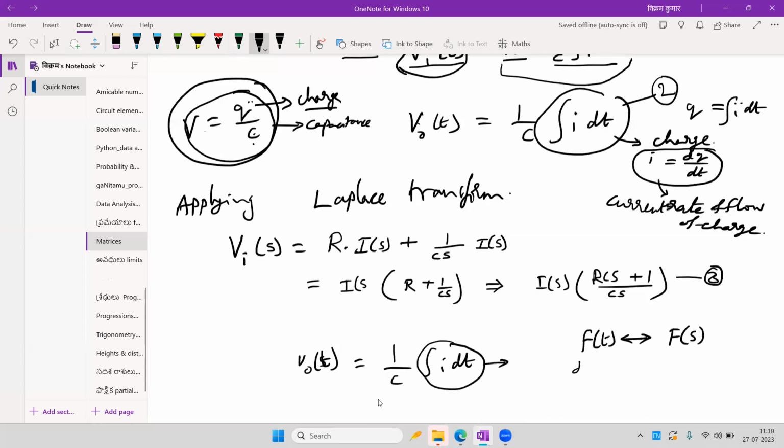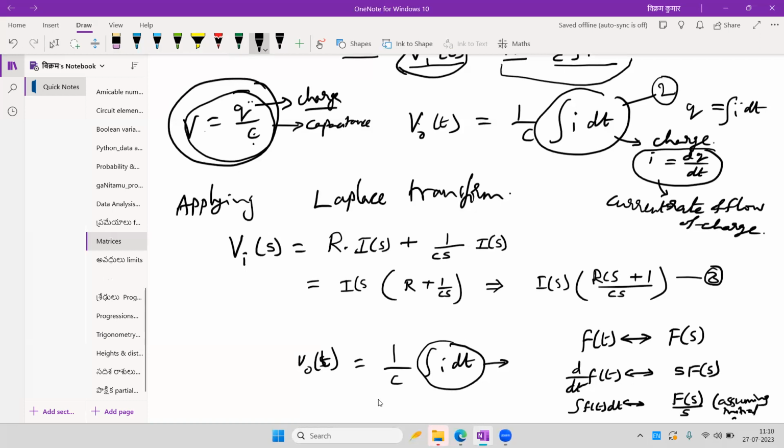If you have the derivative of f of t, the Laplace transform for that is s into F of s. But if you have the integration of f of t, then the Laplace transform is F of s by s, assuming initial conditions are 0.